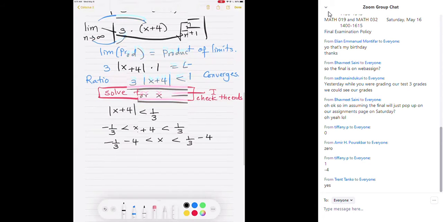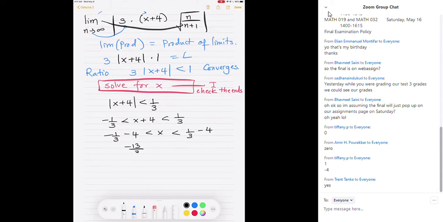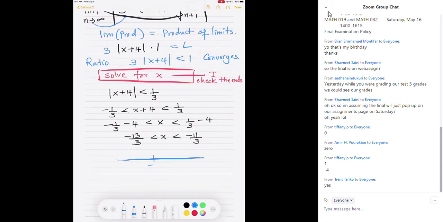So this gives me negative 13/3 is less than x is less than 11/3. Now I start drawing my picture. The center is at negative 4, which I could write as negative 12/3. This is negative 13/3. This is negative 11/3.